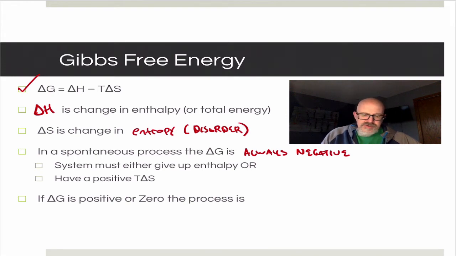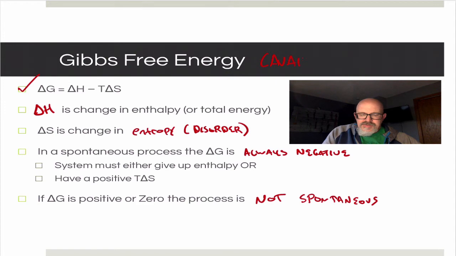A system must either give up enthalpy or have a positive T delta S. The thing you need to get out of this is that if the free energy is positive or zero, then the process is not spontaneous. If it is negative, then it is. That is the whole gist of all of this. We're not going to go crazy, but Gibbs free energy is the idea.